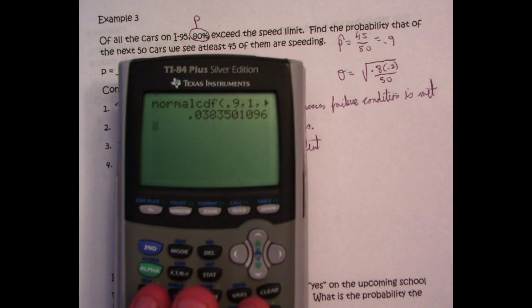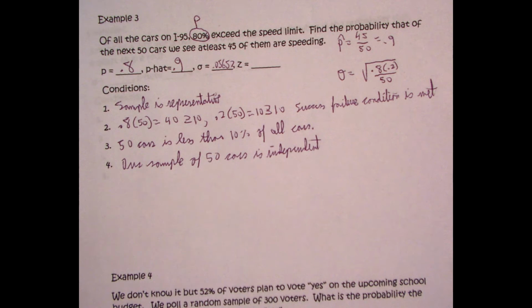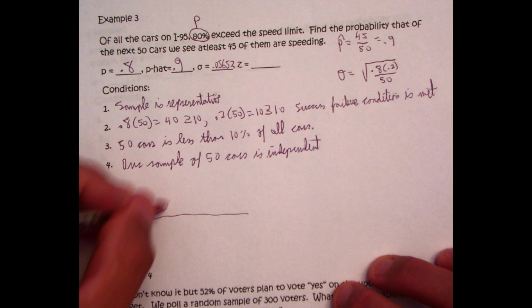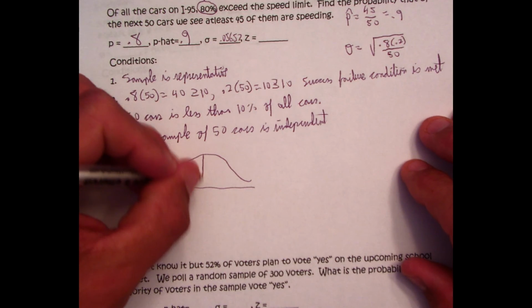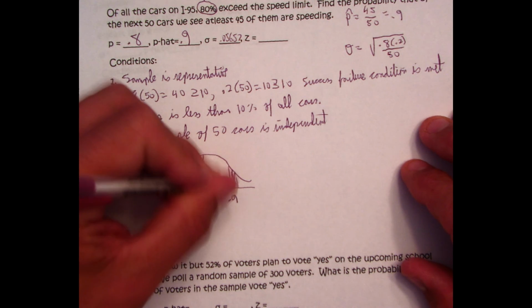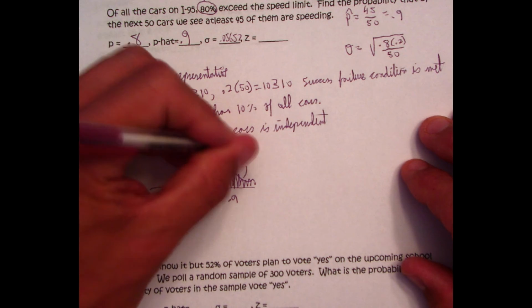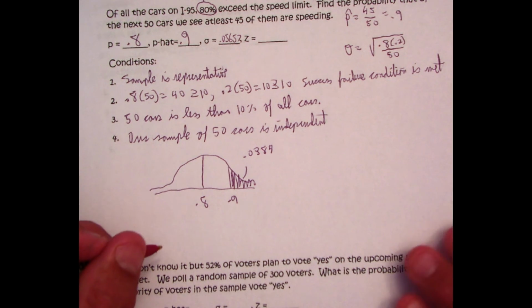So the probability that we will see 90% of the cars speeding in a 50-car sample is about 3.8%. What would that look like? Well, our normal model will look like this. You could probably draw yours better than I drew mine. Our mean would be there, our 0.9 would be here, and we would shade to the right, and this would be 0.0384. Again, remember this is an approximation.